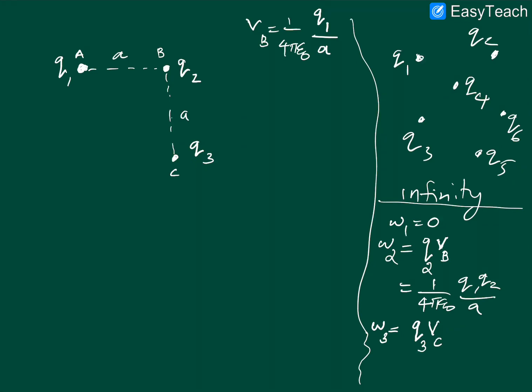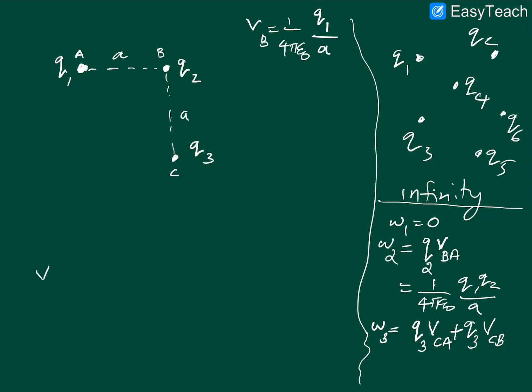So the charge which is at A will exert a potential VCA plus Q3 into charge at B, that is Q2, will also exert potential at C, VCB. This is the expression. So if you want, here you can write it as BA, which means potential at B is exerted by charge at A. Okay, this is the way we will represent. Now you can write VCA and VCB.